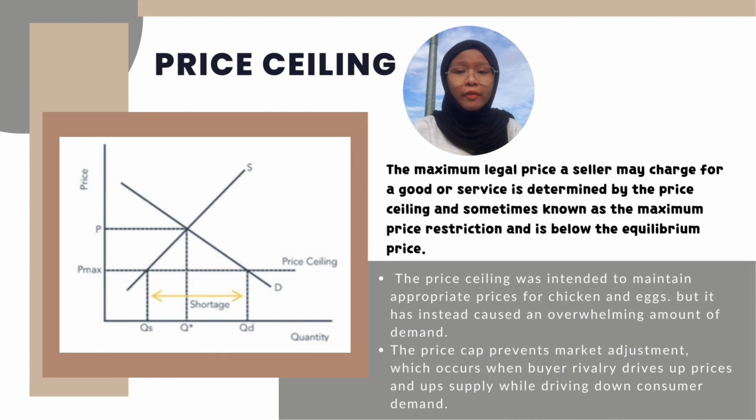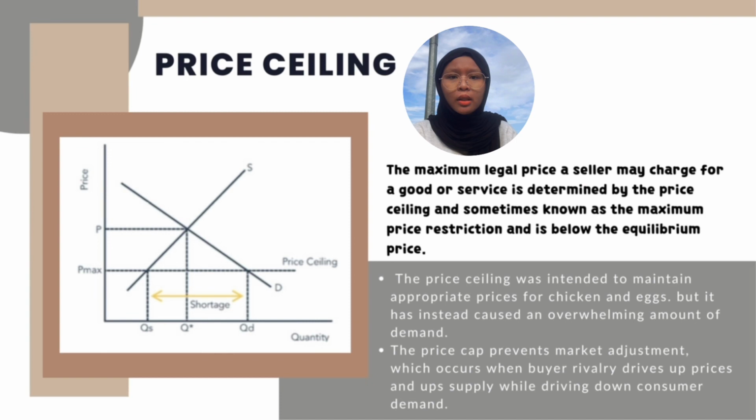Price ceiling is defined as the maximum legal price a seller may charge for a good or service. It is sometimes known as a maximum price restriction and is below the equilibrium price. Customers say that they won't pay because it will be too much and they demand the government do something.